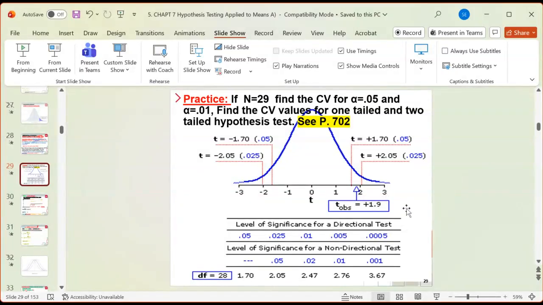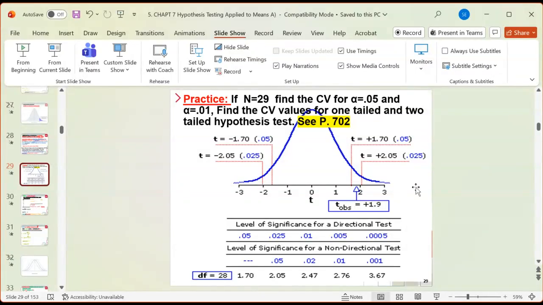So you go there with your one tail or two tail test, which is specified in your research question or the problem you're solving. One thing you need to know: if it's not specified in the problem or the research question you're conducting, you use an alpha of 0.05.